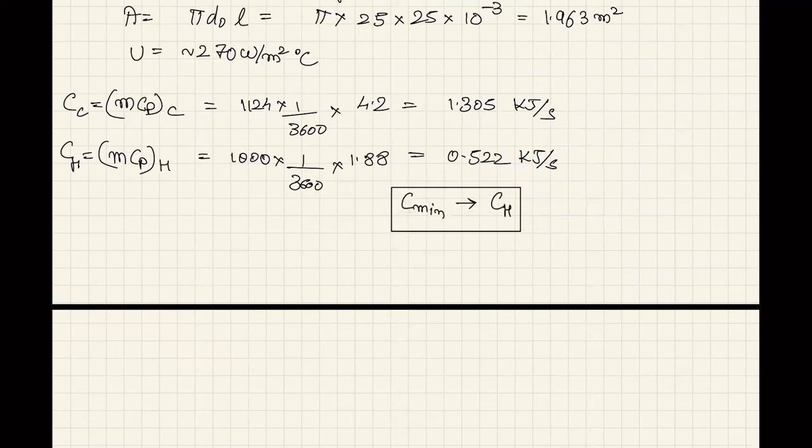C min is C hot, so CR will be C hot by C cold, which is 0.522 by 1.305, which comes out to be 0.4.